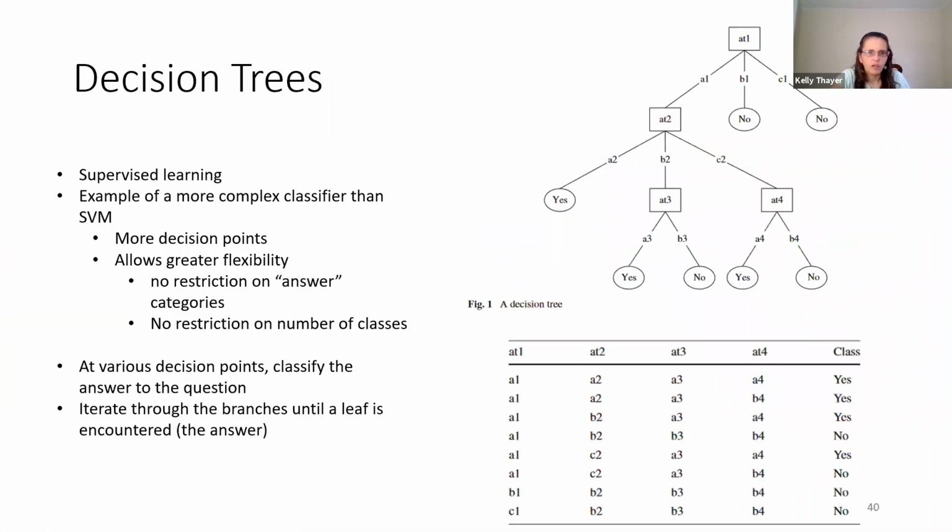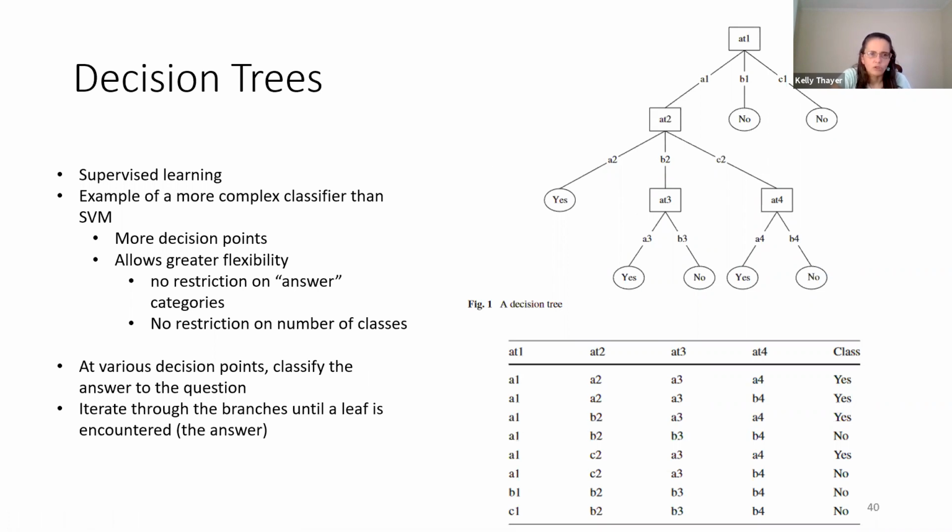Decision trees are another kind of model. This is an example of supervised learning, an example of a more complex classifier than support vectors. And so we'll have more decision points in here. So instead of being just binary, notice that we have multiple points in which decisions could be made. This allows greater flexibility, and this does not restrict the specific number of answer categories.